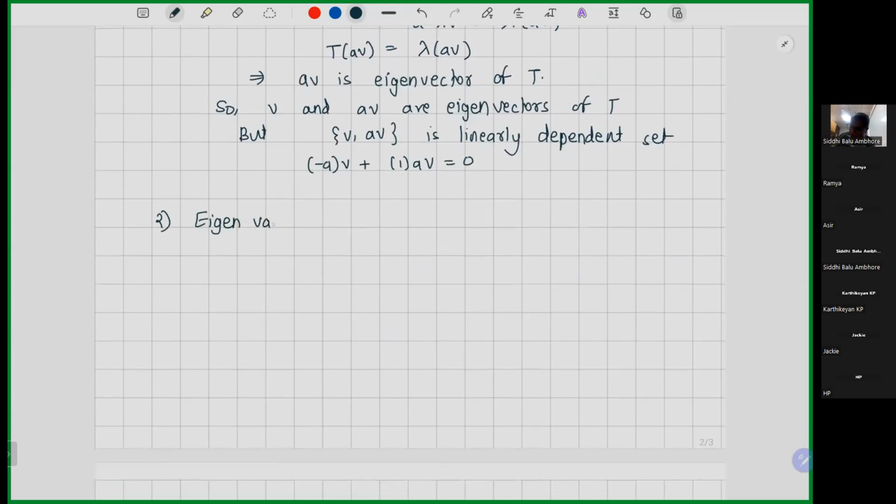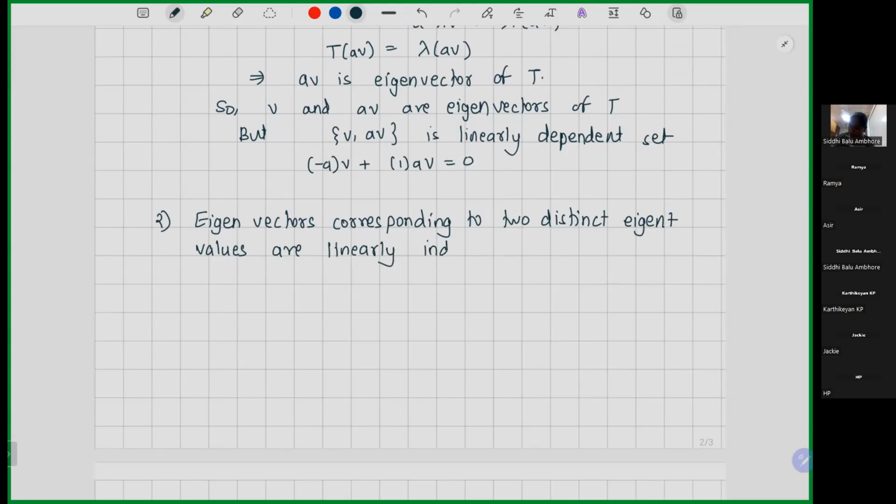Now, eigenvectors corresponding to distinct eigenvalues are linearly independent.